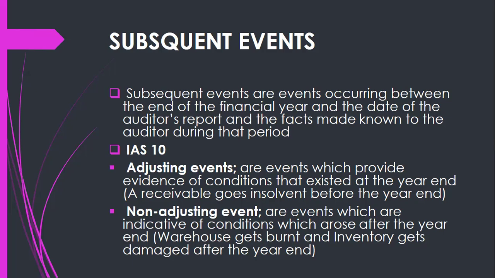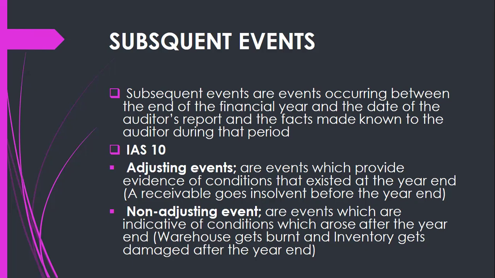And then that particular receivable goes bankrupt on the 29th of December. So that particular event is evidence that we won't receive the amount that that particular entity owes us. So what do we do? We need to adjust the receivables figure in the statement of financial position because we will not receive that money. Why? Because it's evident that that customer has gone bankrupt, right?